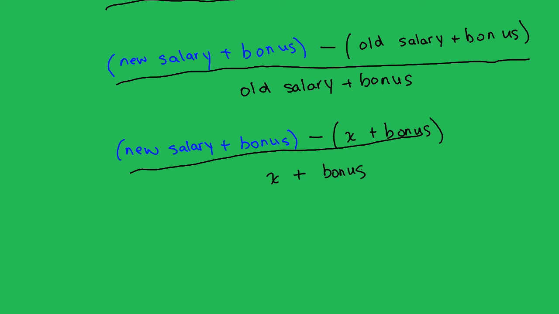Okay, and we also know the bonus, right? We said it was $20,000 no matter what. So we can put $20,000 in for where it says bonus. I'll just do this all in black here.